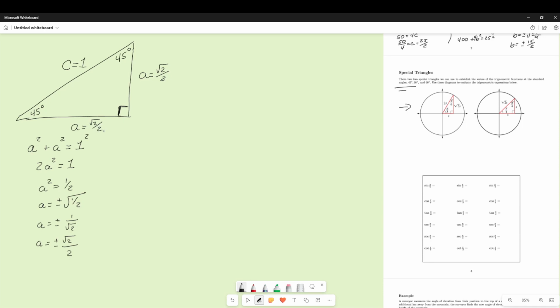So if we have a right triangle with 45 degrees on each vertex, then this ratio of sides is going to be the same no matter what. So if this hypotenuse was, instead of length 1, say it was length 5, then this is going to be 5 times as long. It's going to be 5 times the square root of 2 over 2. And this side length will be 5 times the square root of 2 over 2.